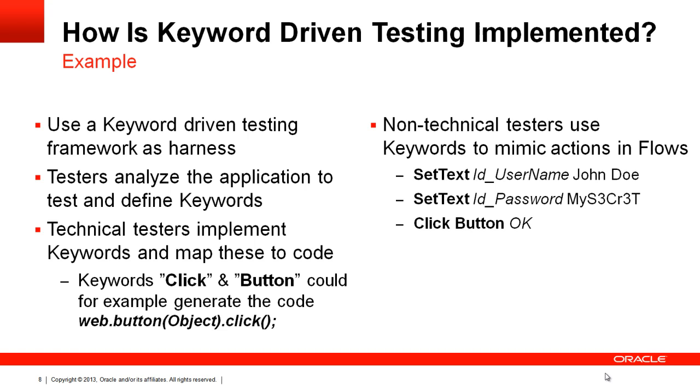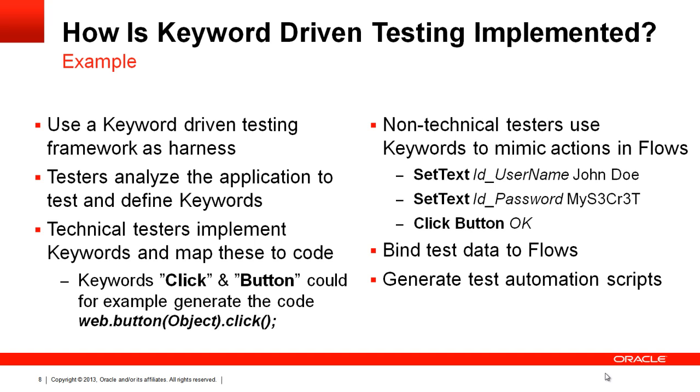Once this is done, non-technical testers can use the keywords to create their test automation flows. They might need to bind test data to the flows. Last but not least, you generate the test automation scripts and can start your testing.